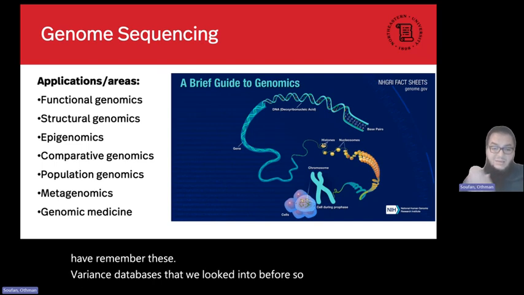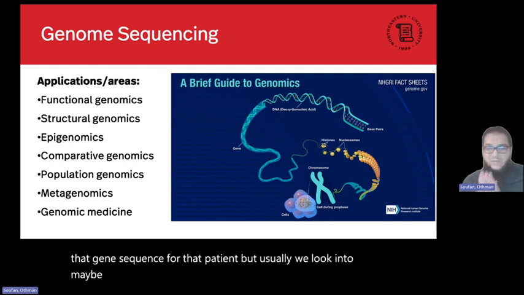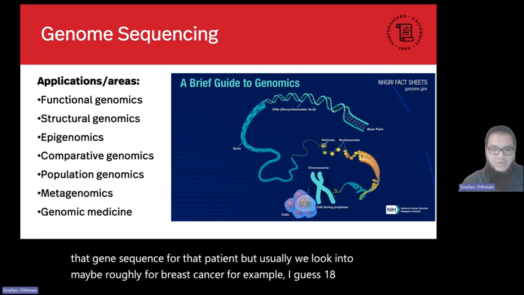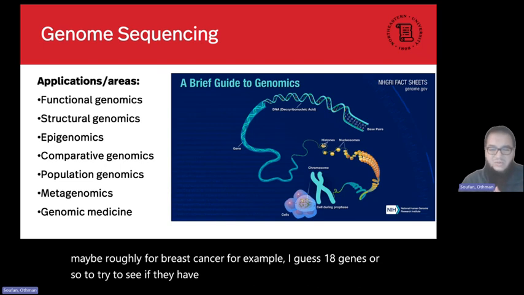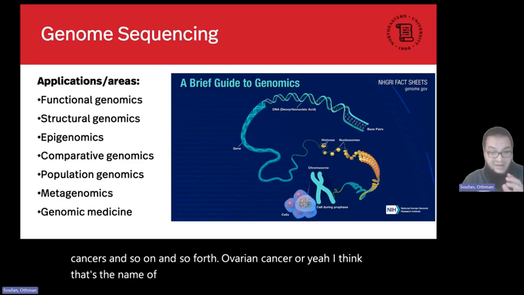So anyway, we take that gene sequence for that patient, but usually we look into maybe roughly for breast cancer, for example, I guess 18 genes or so to try to see if they have breast cancer, the potential for ovarian cancer, and so on and so forth. So they are related somehow.